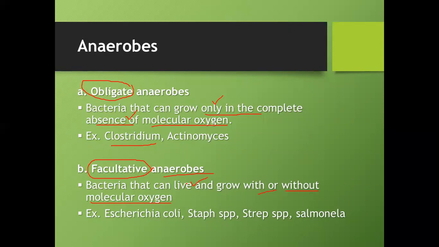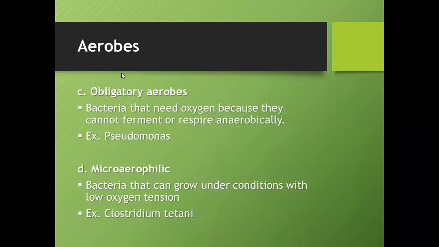When it lacks this component for breaking down oxygen into a form that can be used, it becomes an anaerobe. But when it has these enzymes that can break down the oxygen into a usable form, then it is termed an aerobe. Examples are staph species, strep, Salmonella. All these are facultative anaerobes.